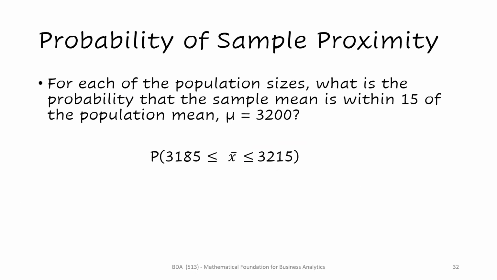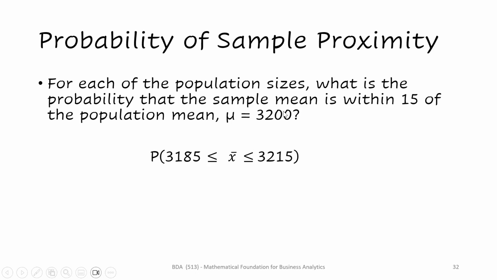So here we want to find whether it is in a range of plus minus 15 of the population mean of 3,200. We want to find a value and then determine its probability to see whether it is close enough or not.